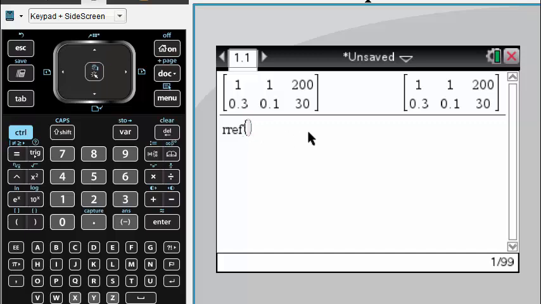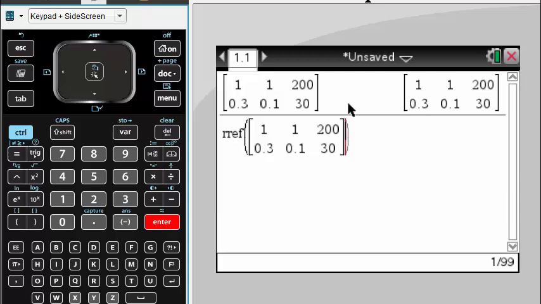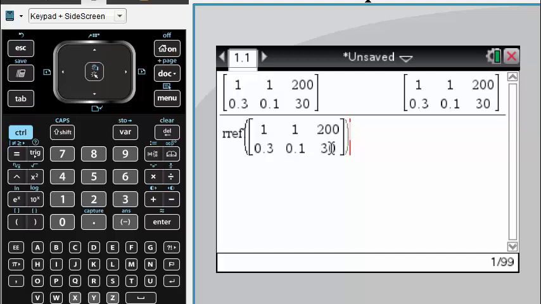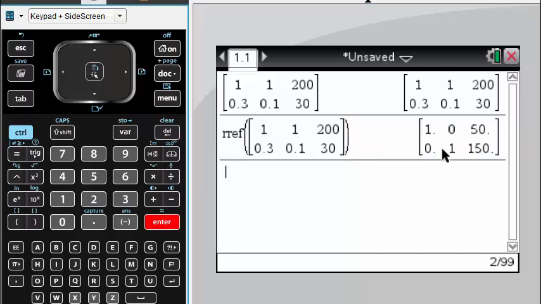Now I want to get this matrix inside the parentheses. So I clicked the up arrow, it highlights the matrix, and then you press enter, and it brings it down inside the parentheses. Once you have this in there, you can press enter.